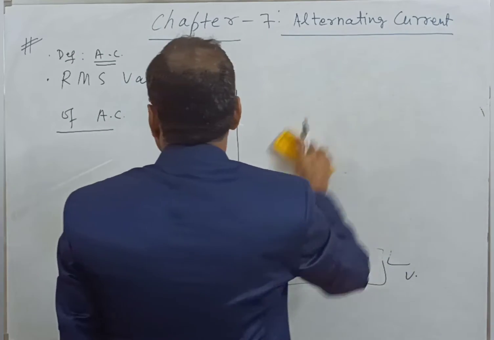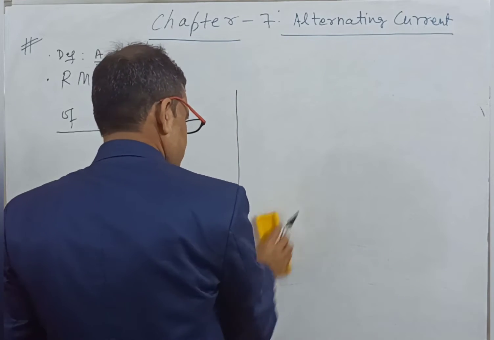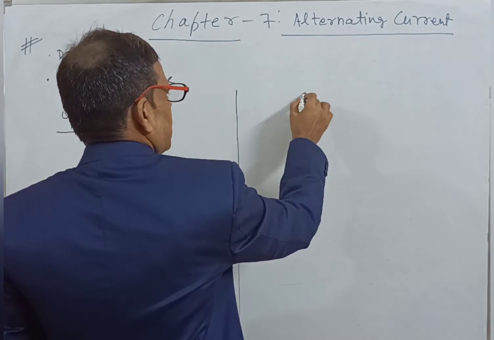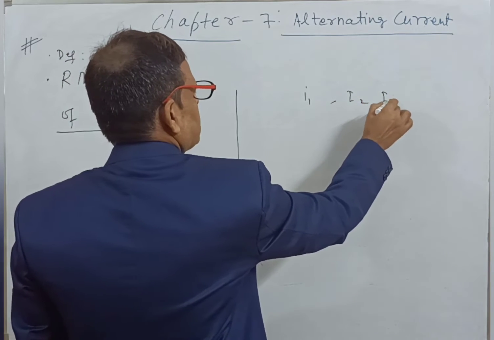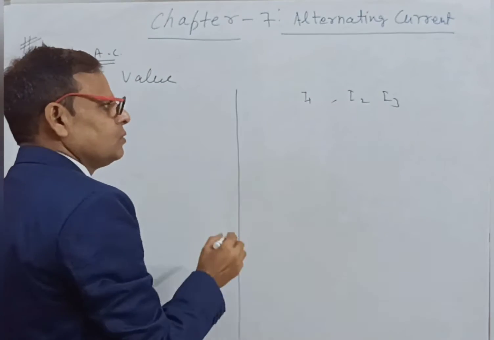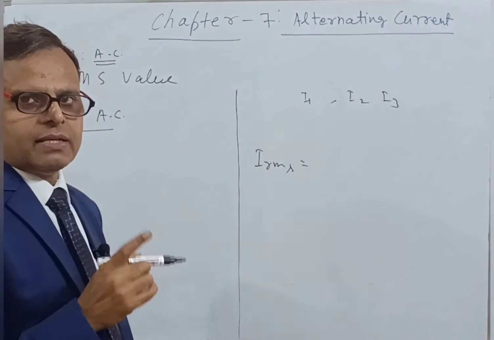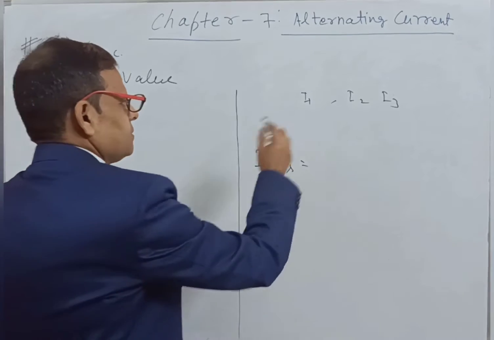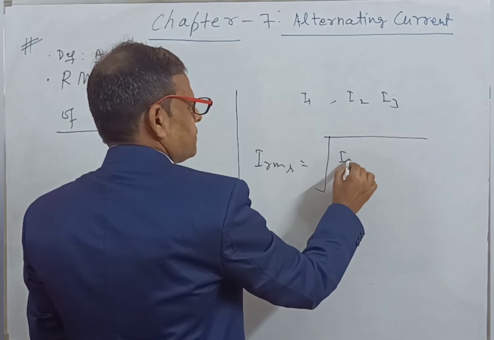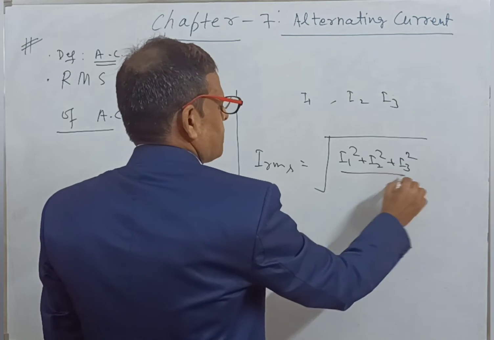Mathematically, if instantaneous values of current are given, suppose three different values of current are given, I1, I2, I3, then its root mean square I RMS is, I am giving an example and thereafter I will explain it, the root of I1 square plus I2 square plus I3 square by 3.